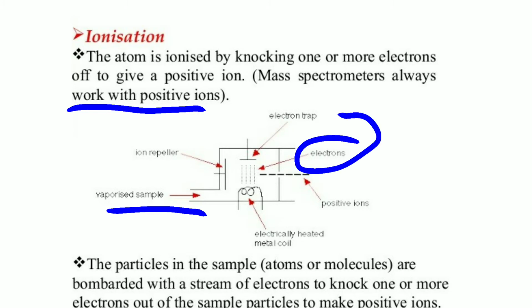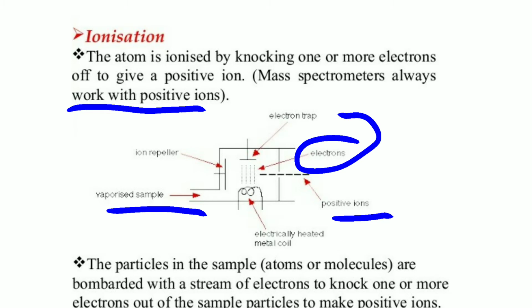Whenever this vaporized sample passes through it, then this is the ion repeller, and here this is the electron trap. And these electrons which are bombarded on the organic compound, from this beam there is a formation of the positive ion. That means the atom gets ionized into what?